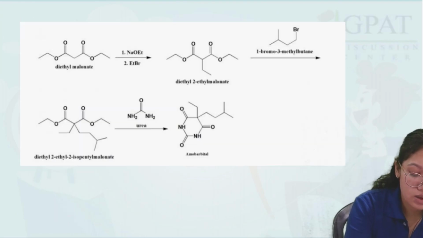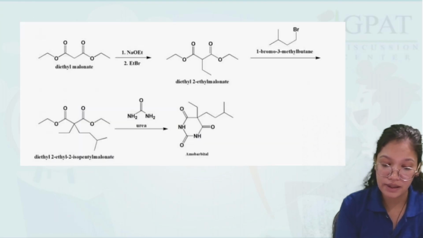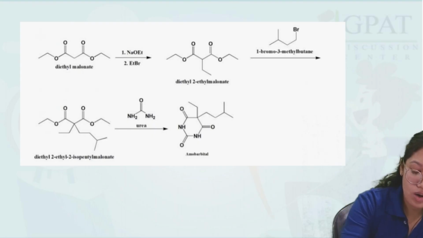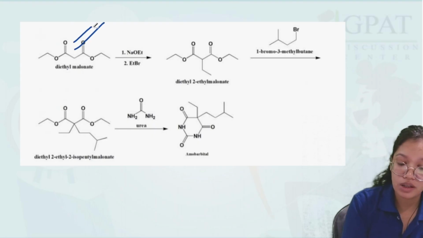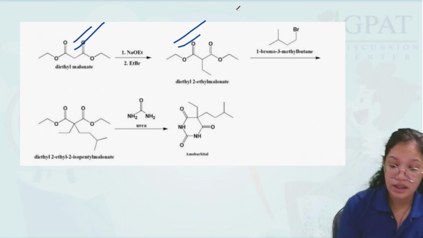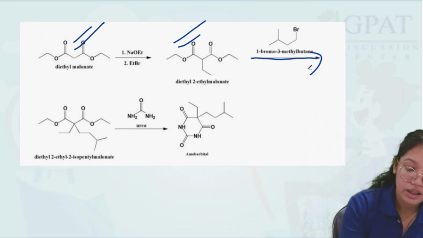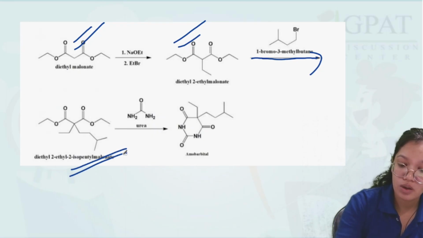Okay, so let's look at the mechanism first. In the synthesis reaction, diethyl malonate in the presence of ethyl bromide will give diethyl 2-ethyl malonate. This in the presence of 1-bromo-3-methyl butane will give diethyl 2-ethyl 2-isopentyl malonate.